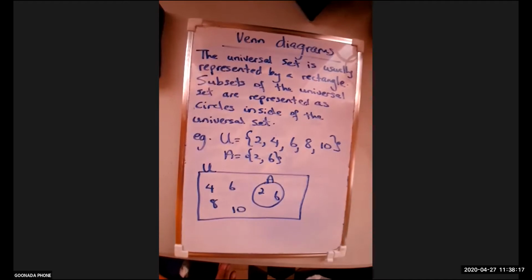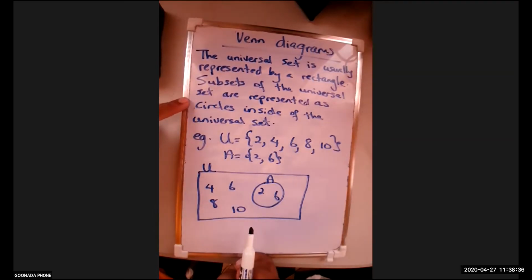The universal set is represented as a rectangle. Inside of the universal set, we have all of the elements: 2, 4, 6, 8, 10. However, we have a subset within the universal set, which is subset A. And as I told you, subsets of the universal set are represented as circles inside of the universal set.